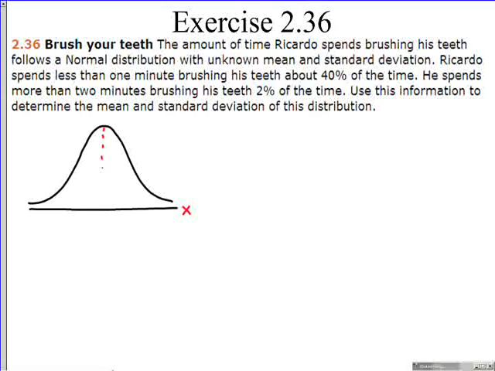Okay, so we know the mean still has to be here in the middle, but we don't know what it is. We know that he spends less than 1 minute brushing his teeth 40% of the time. So if 1 minute was out here, we know that that area right there is going to be 0.4. And he spends more than 2 minutes, 2% of the time.